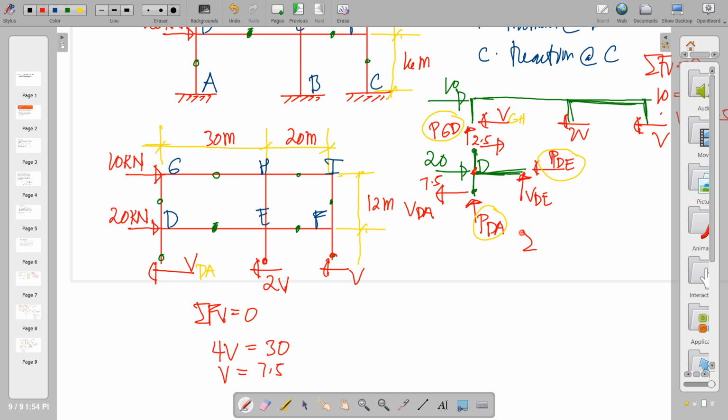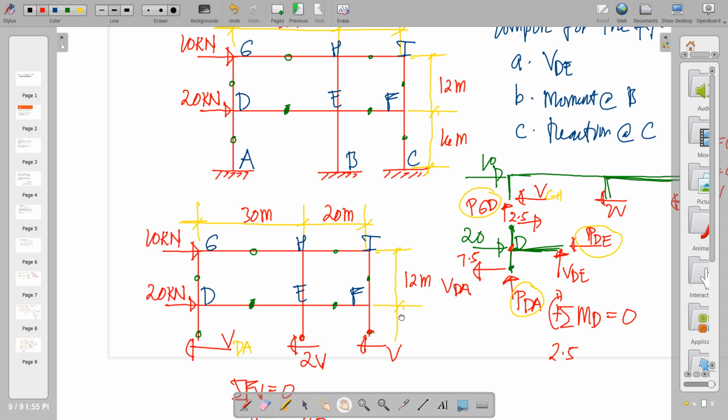We take moments along D is equal to 0. So we take moments at this point. Again, these are eliminated. So we have 2.5 times the moment arm. What is the half of the upper column dimension?